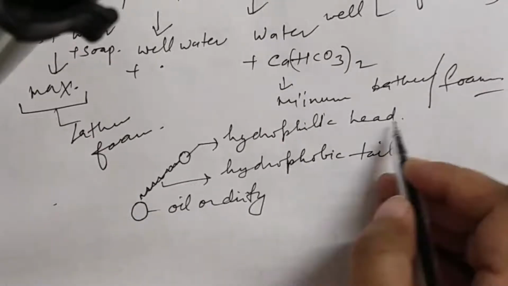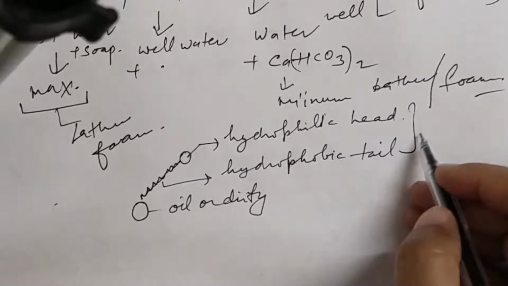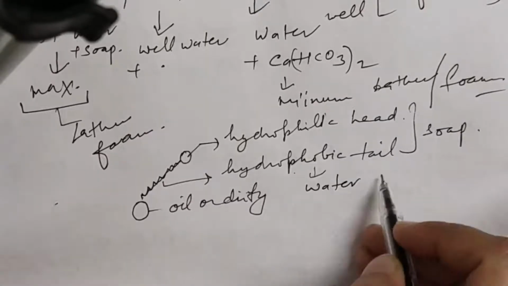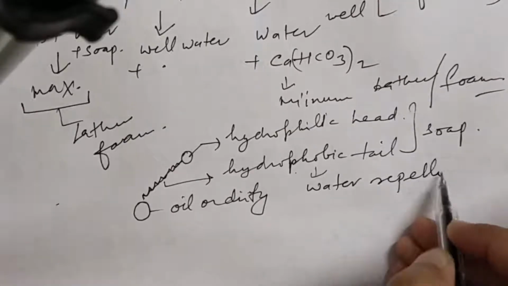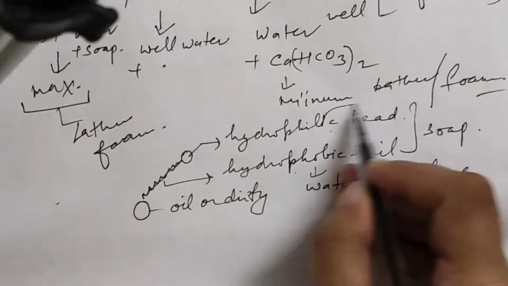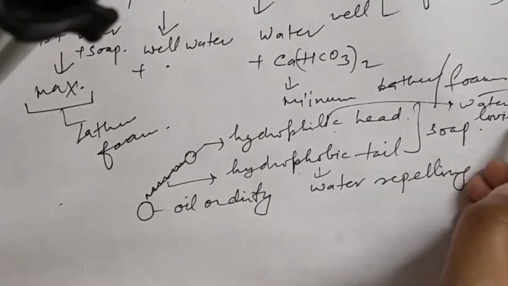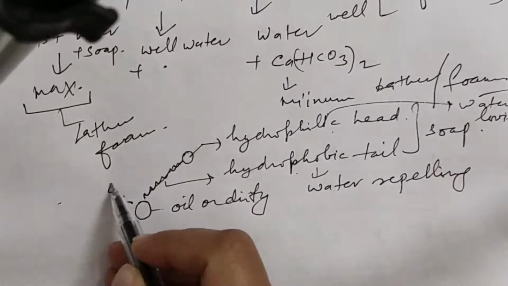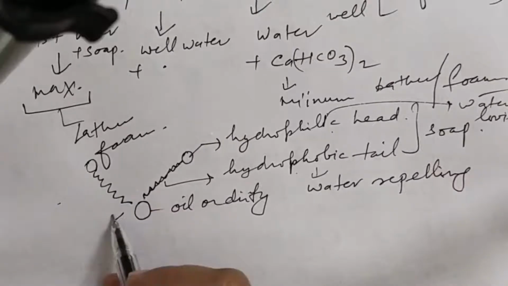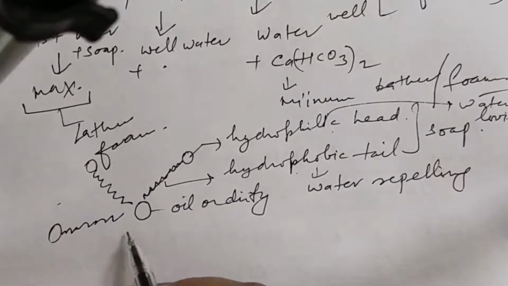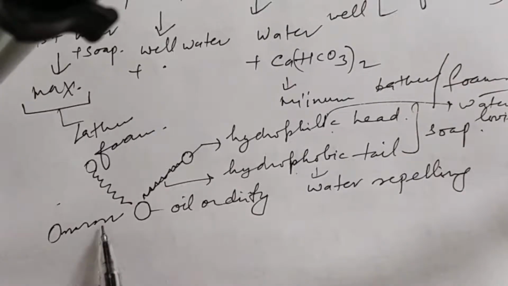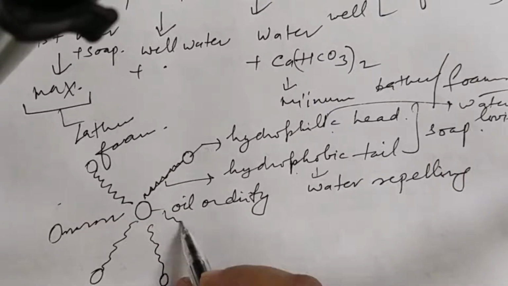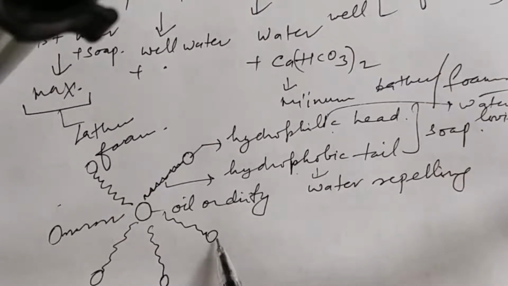Hydrophilic head and hydrophobic tail in case of soap: hydrophobic means water repelling part, and hydrophilic means water loving part. So when you are dissolving the soap solution in water to remove the dirt, it will align itself in such a way that the soap molecule has the hydrophobic tail towards the dirt molecule, and its hydrophilic head is dissolving in water.